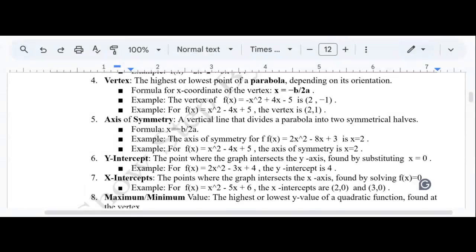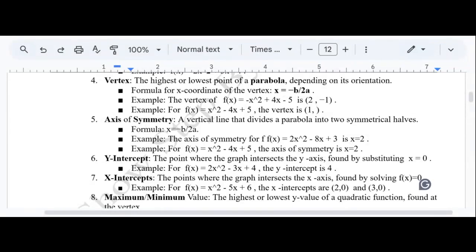So that's what? X is 1? No, mister. Minus 1. Why minus? Remember the formula. Okay, so x is what? 1.